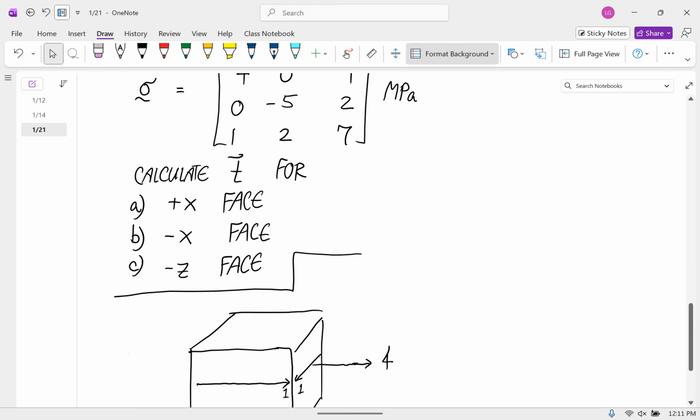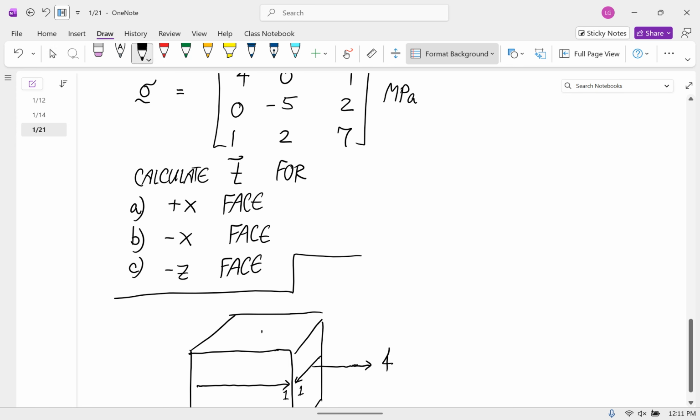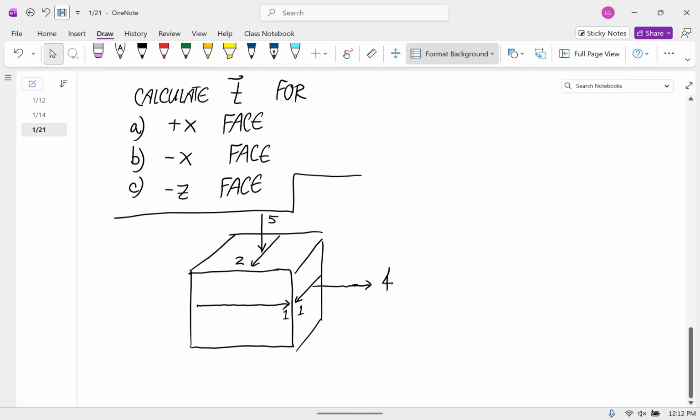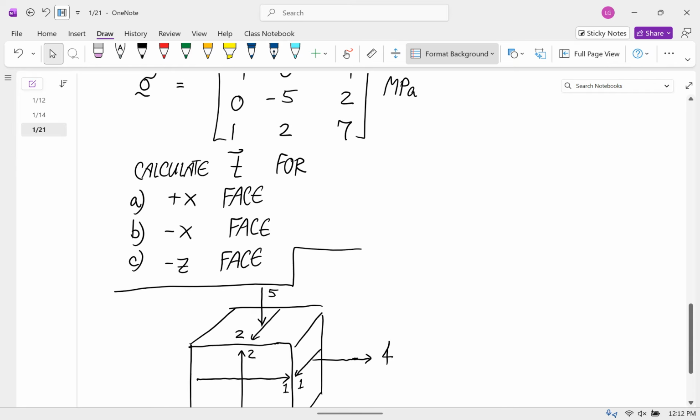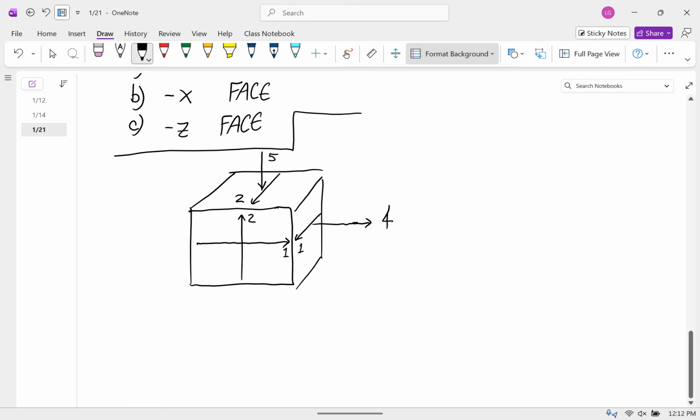Then on the y face, we have 5 going into the face and 2 in the positive z direction. And for symmetry, we need that to be matched by 2 going this way. And then we have 7 going this way.